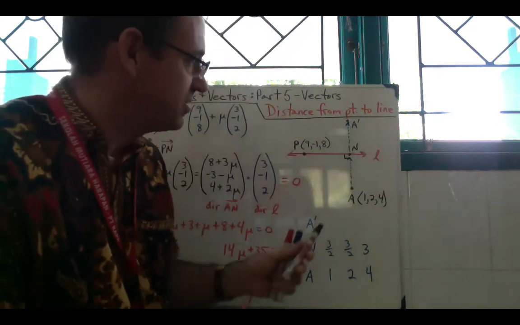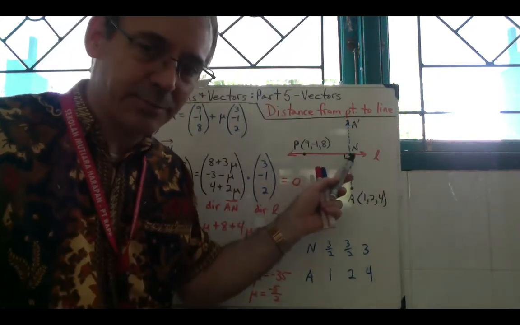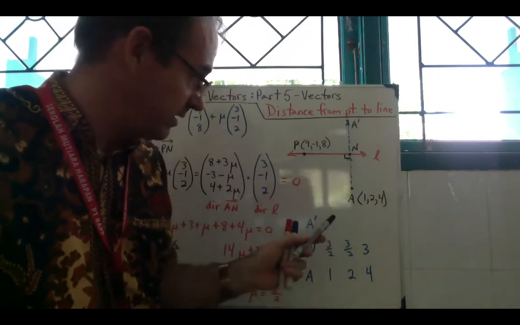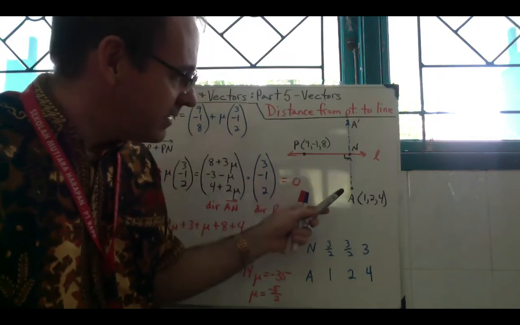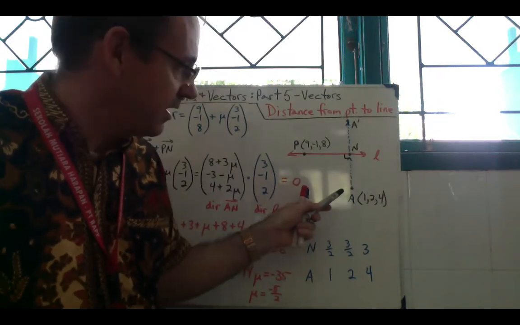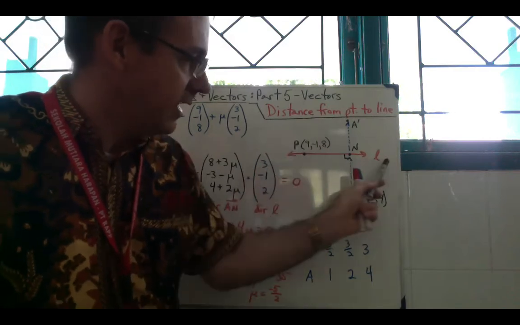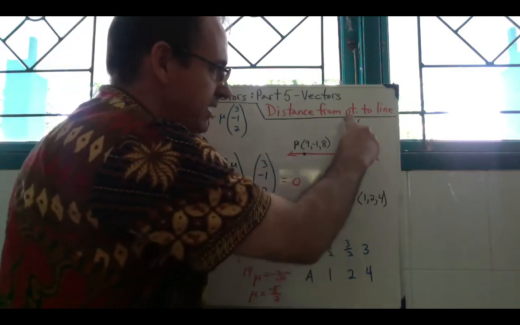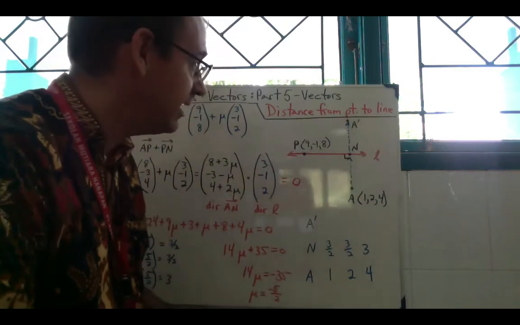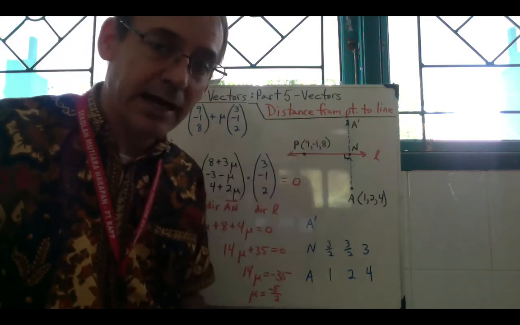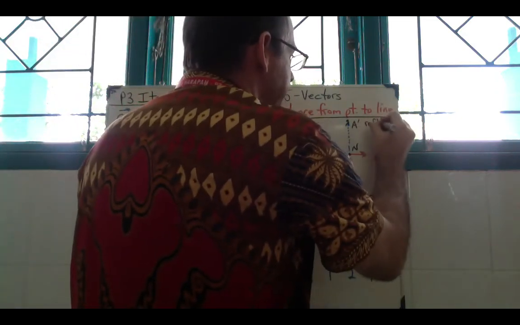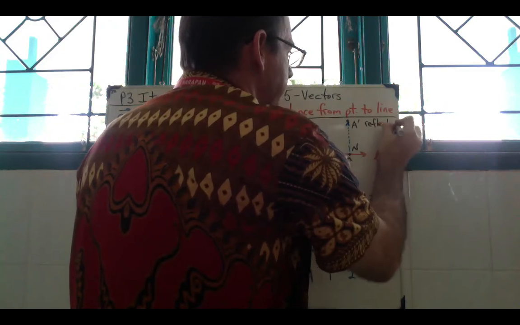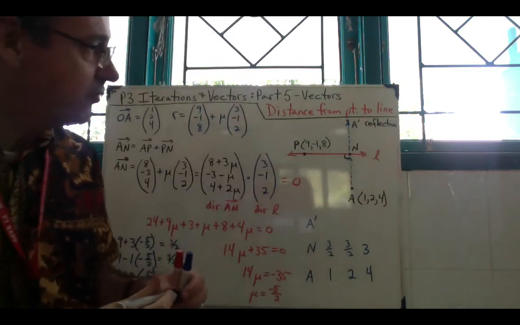It wants the position vector of what I've labeled N because it's normal or perpendicular. So it wants that position vector. And it wants the reflection of A across the line. So the reflection just means same distance, but on the other side. So I just called it A prime. This is our reflection. Okay, so we're looking for those 2.